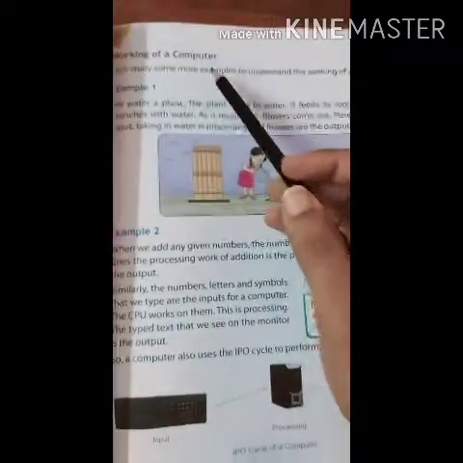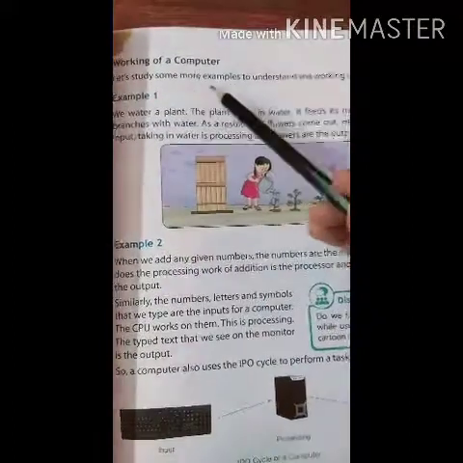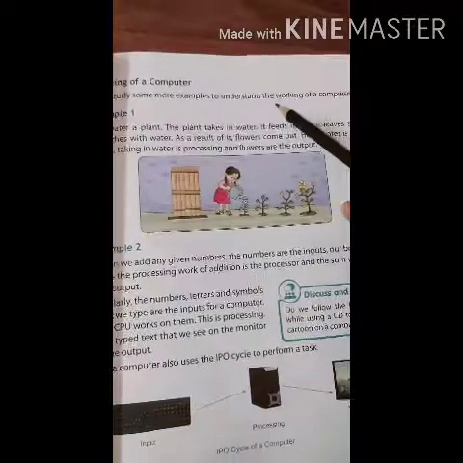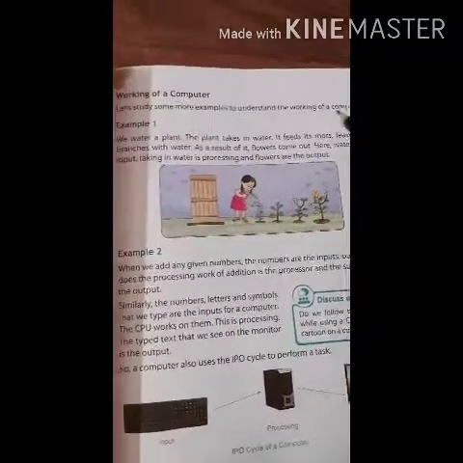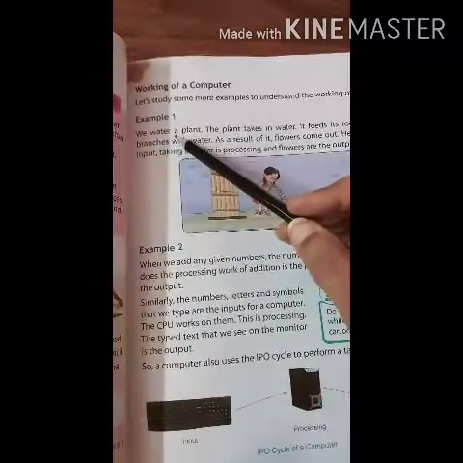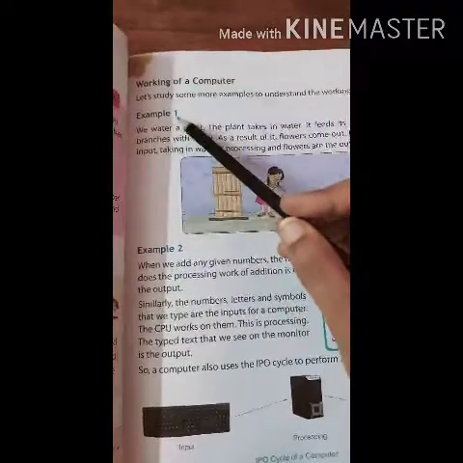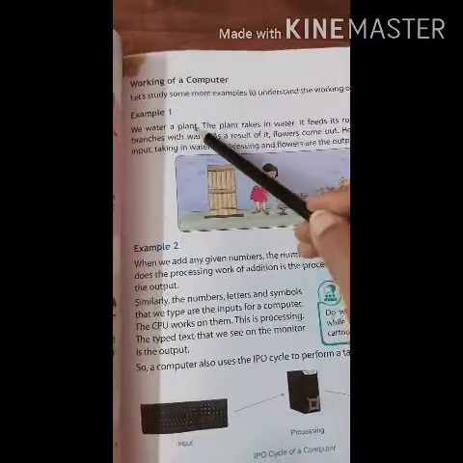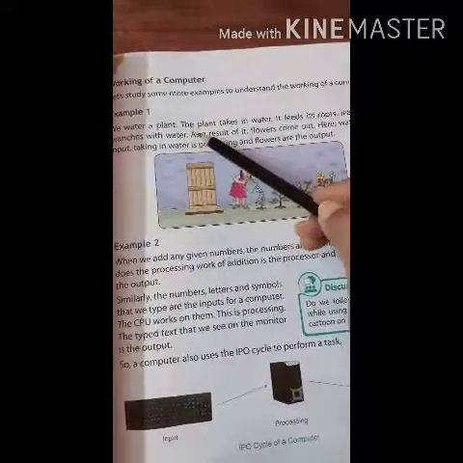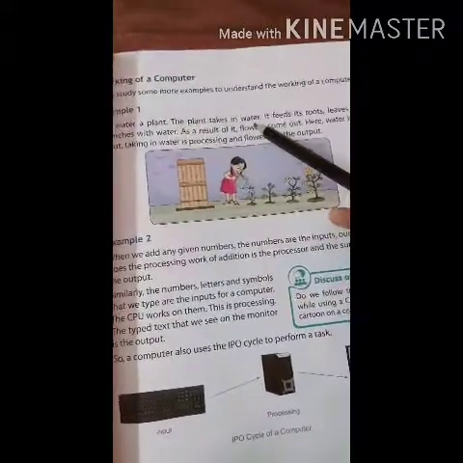Working of a computer. So let's study some more examples to understand the working of a computer. So now see, one more example is given here. Two more examples. Example number 1 is we water a plant. The plant takes in water.